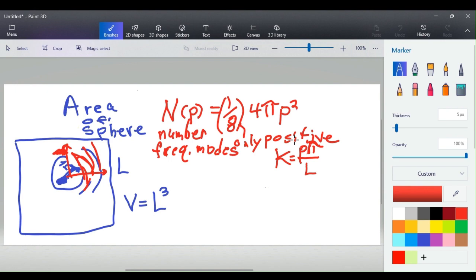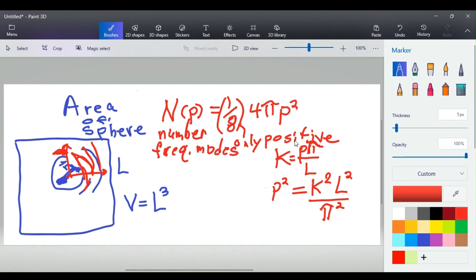So P squared would equal K squared, and it's going to be L squared, because this is in the denominator, so when it comes over there, and in the denominator is going to be pi squared.